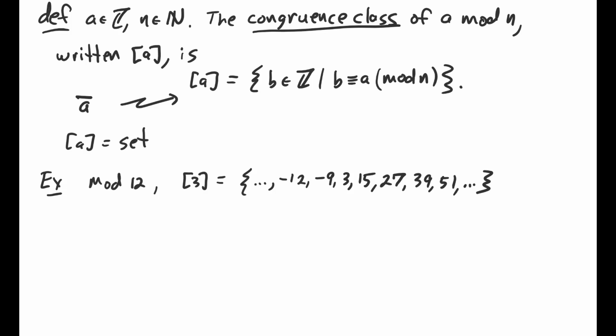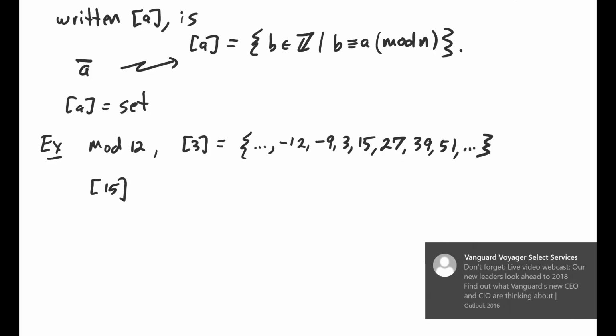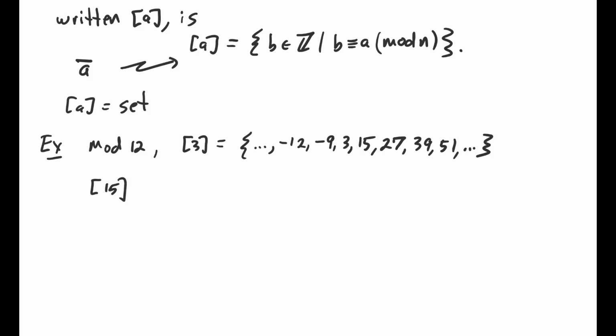Now, one thing that's kind of new with these congruence classes is that you can write down something that looks ostensibly different, like the congruence class of 15, again mod 12. If you write this out, look what we get. If you start with 15 and start subtracting 12, you get back to 3 and so forth.